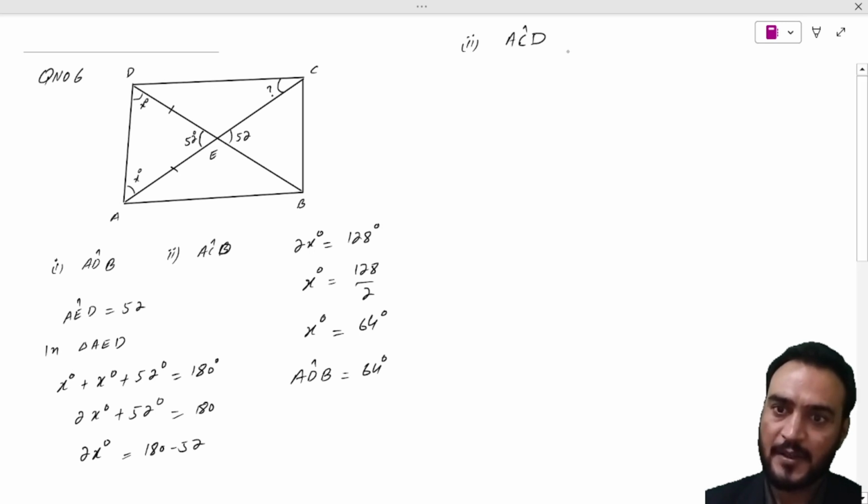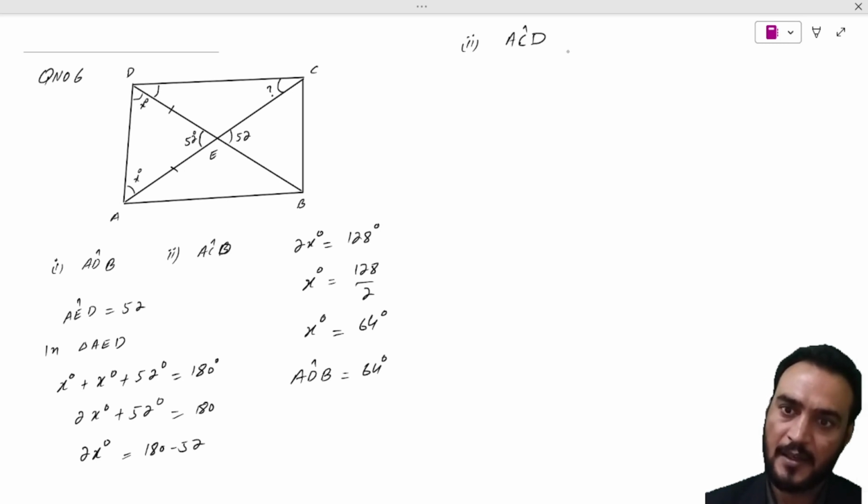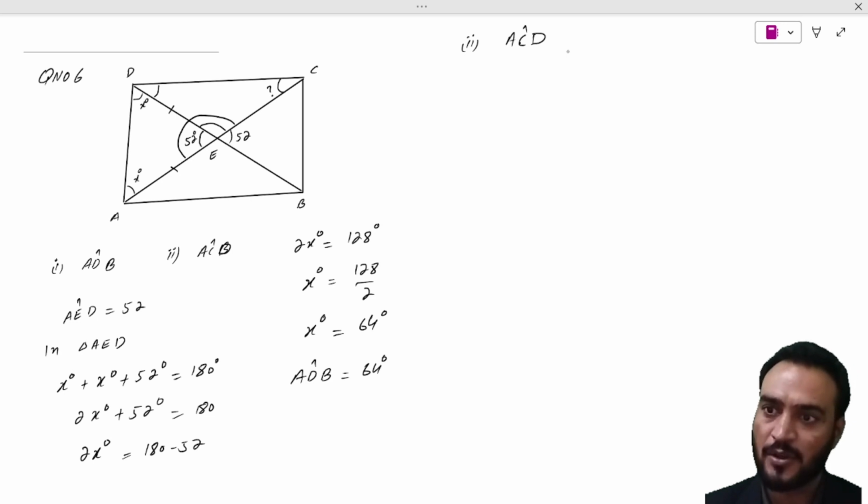For that, I need to find first this angle and then this angle. So this angle, that is DEC, can be easily found because the sum of these two angles equals 180 degree, because these two angles lie on a straight line. So the angle DEC plus 52 degrees equals 180 degree.